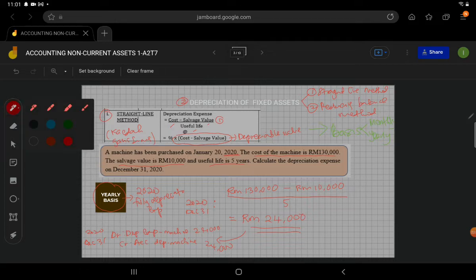After that, for a straight line method, okay, the value of the depreciation expense, okay, same for every year. Setiap tahun belanja dia akan sama. Belanja susut nilai dia. Alright.